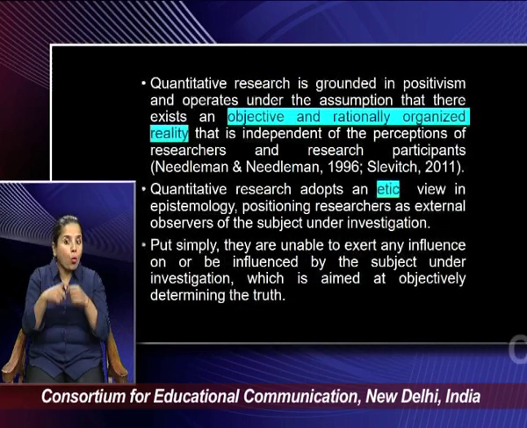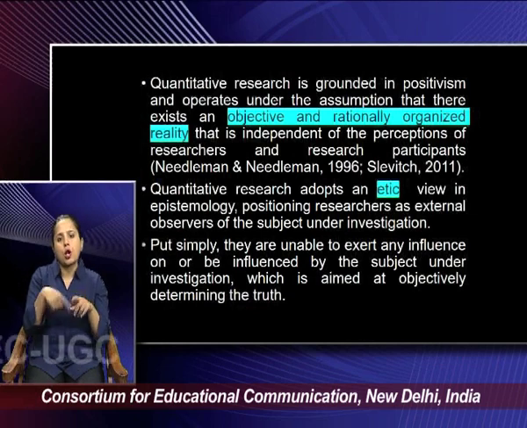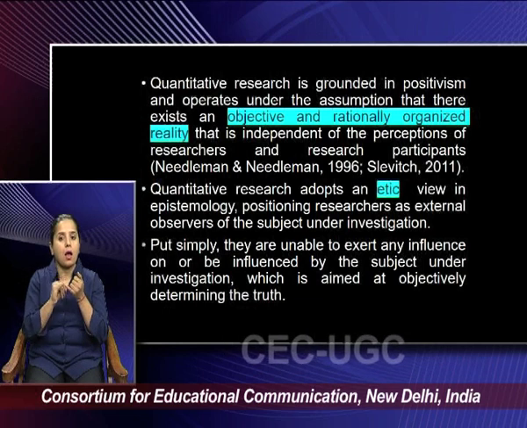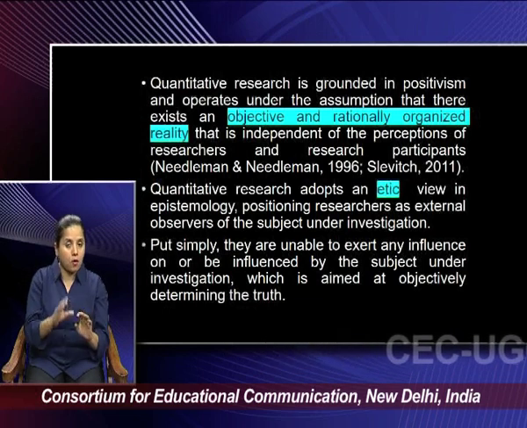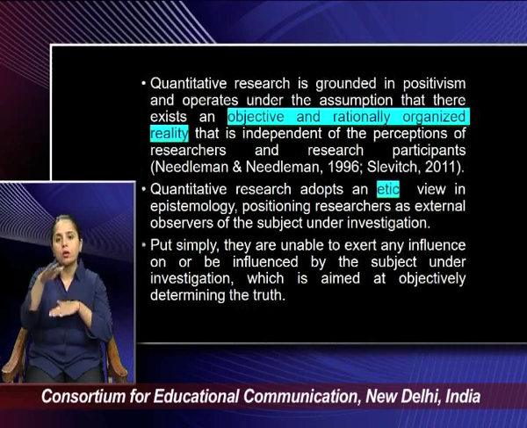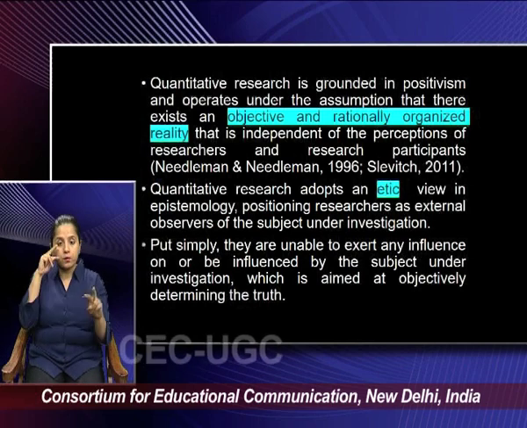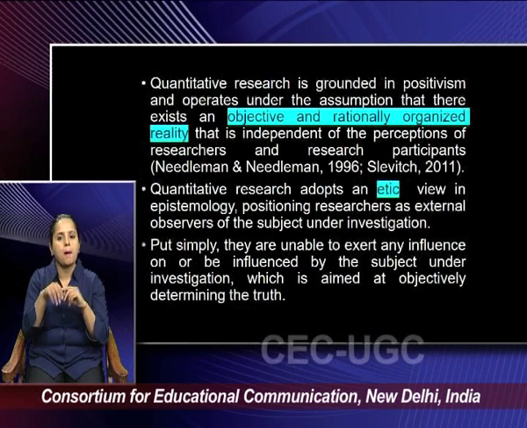Quantitative research is grounded in positivism, we already know this, and it operates under the assumption that there exists an objective and rationally organized reality that is independent of the perceptions of researchers and research participants.